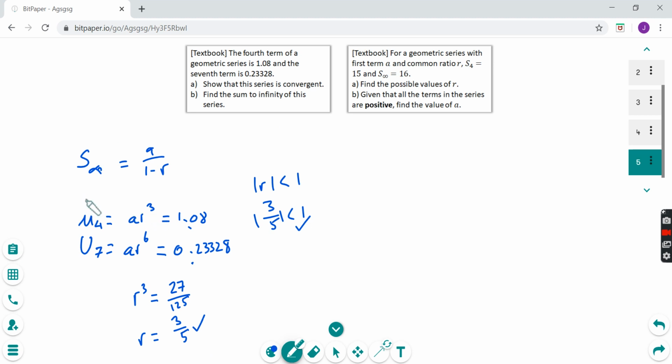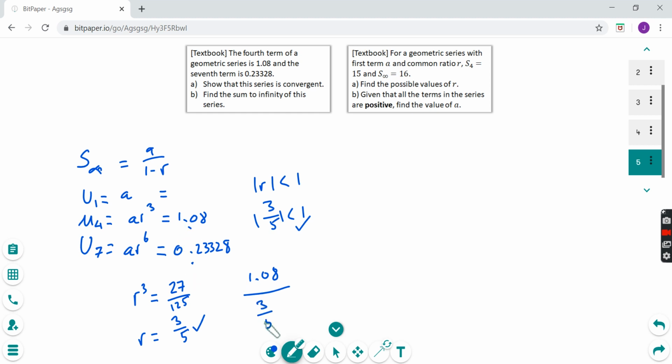So what exactly would I need to do here? The first term is going to be what? Well, I'm going backwards on this one. So I'm going to have to do 1.08 divided by r cubed.